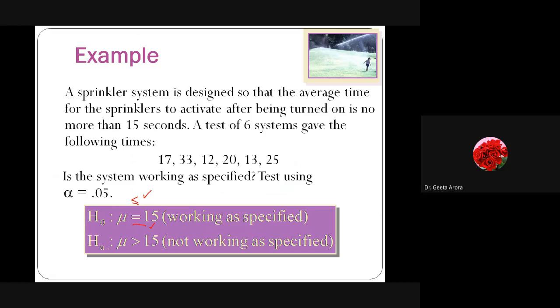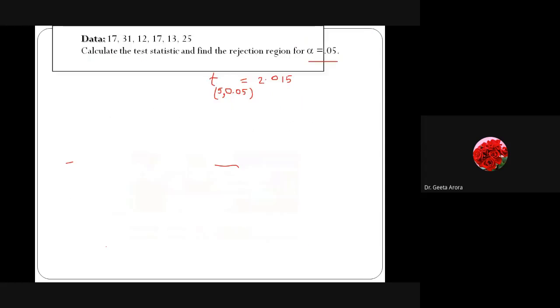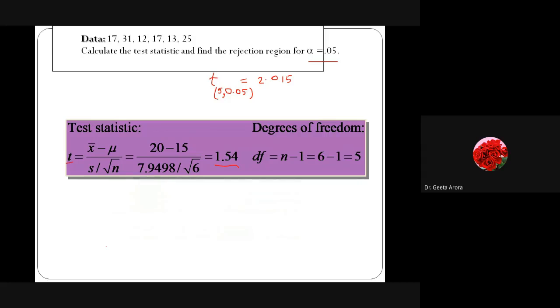So this was the assumption, and the average time taken by the sprinkler to activate is less than or equal to 15, because the hypothesis is accepted, not rejected. Correct. So this is the whole process.